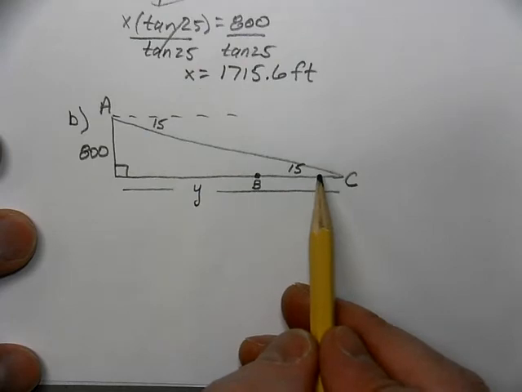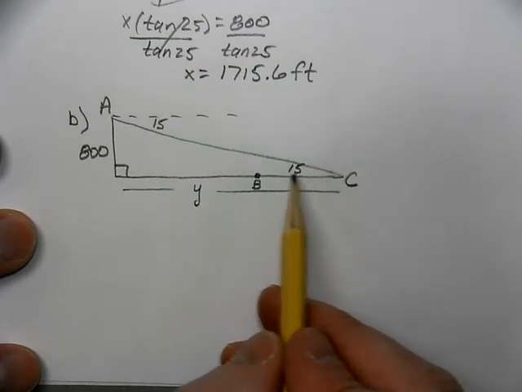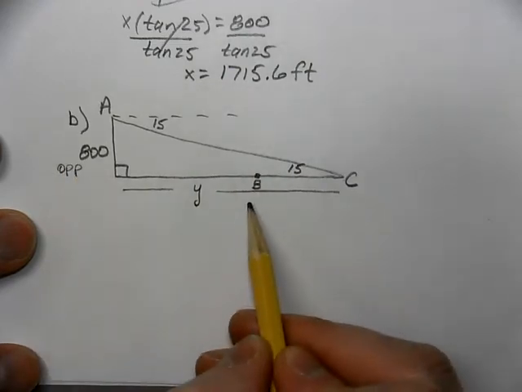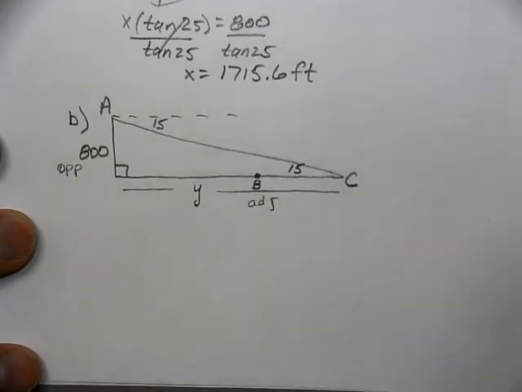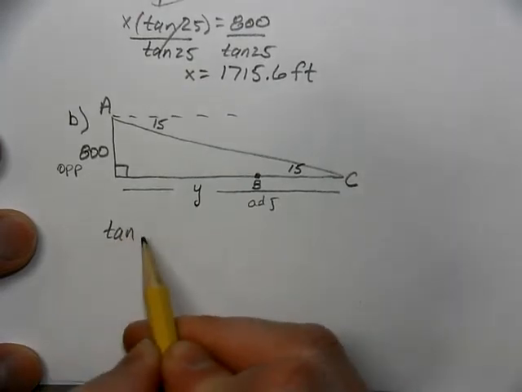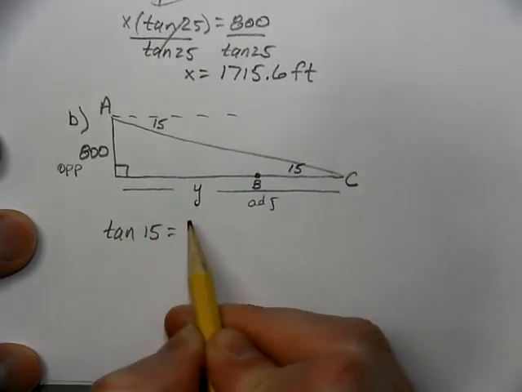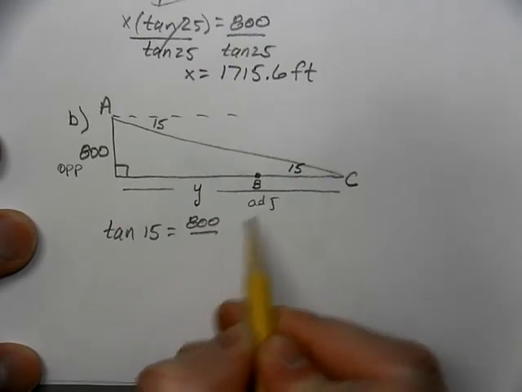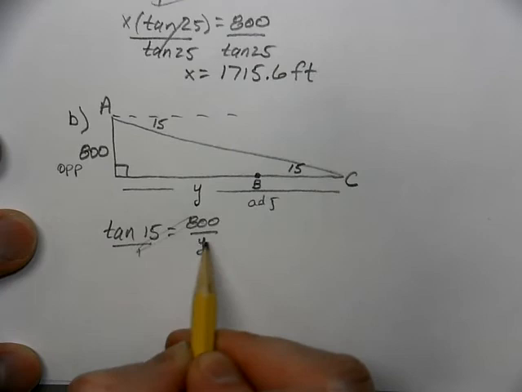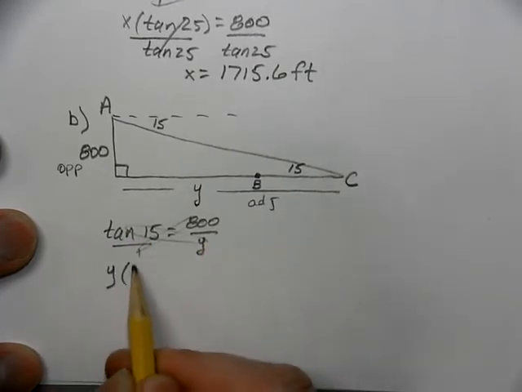So again, we're looking for y. We have the opposite side here, and we're looking for the adjacent side. So to calculate that, we'll use tangent of 15 degrees equals the opposite over the adjacent, which is y. Cross multiply.